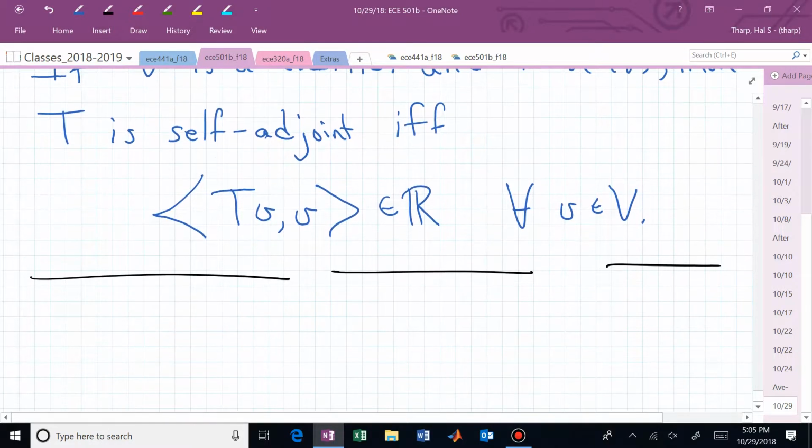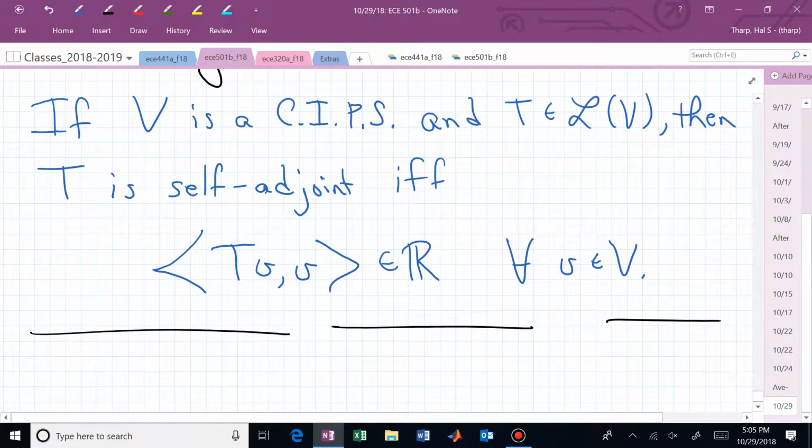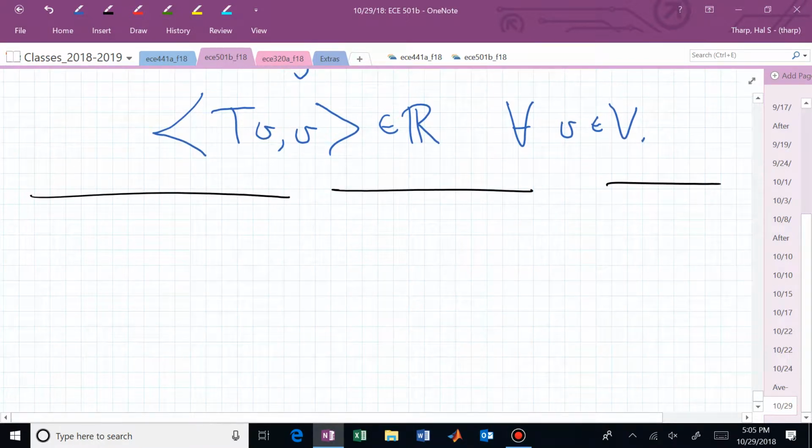So if I give you an inner product, and now you apply it to this linear map, and you find that no matter what vector you start with, this inner product gives you a real output or a real scalar, well, that linear operator is self-adjoint, or T is equal to its adjoint. And what did we learn about in the very simple case? What did that linear operator look like if it was self-adjoint? It was real, wasn't it? So z was equal to its conjugate.